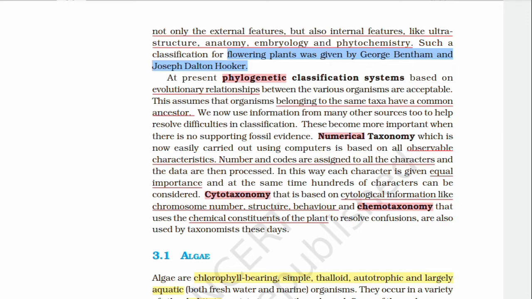We always say that humans evolved from monkeys, but actually we humans and monkeys have a common ancestor and we did not evolve from monkeys. We both are present in the same taxa and we have a common ancestor. That is the truth. So phylogenetic classification explains this. It was based on evolutionary relationship.